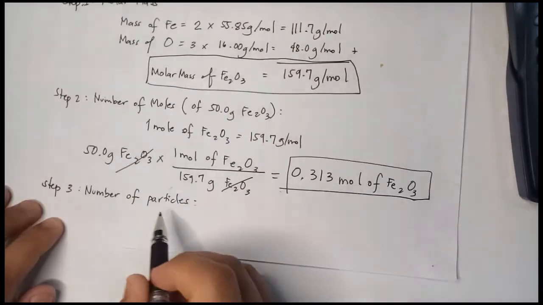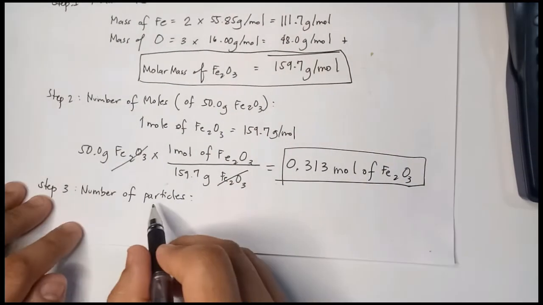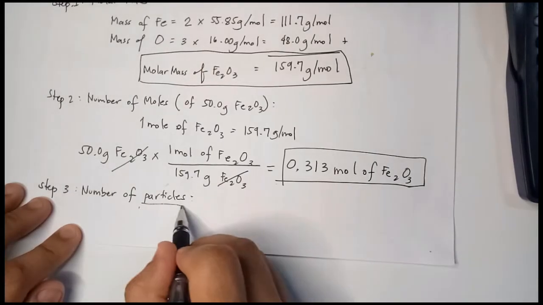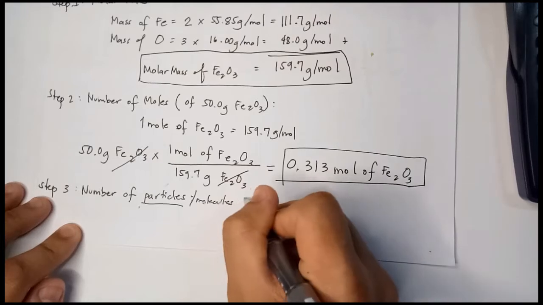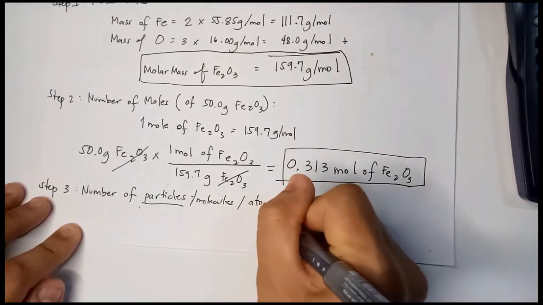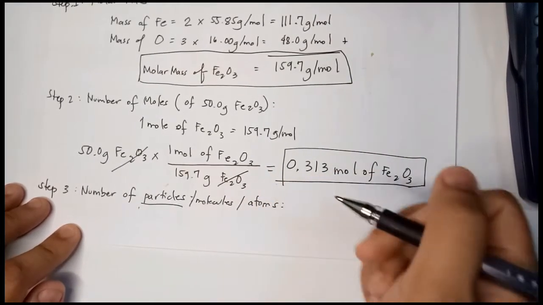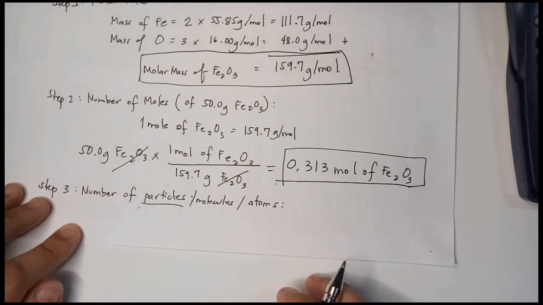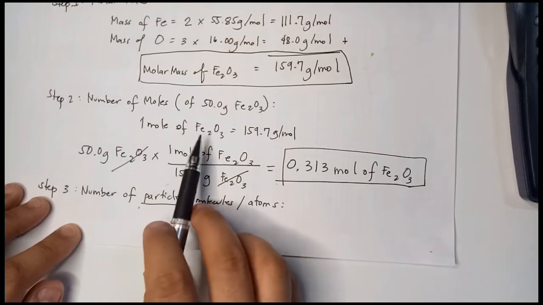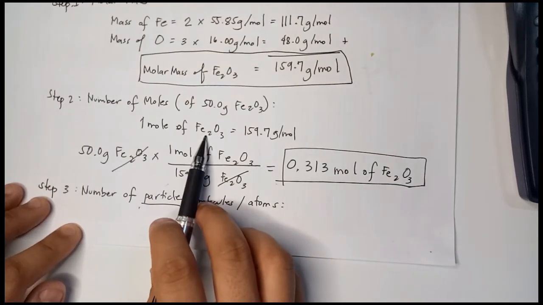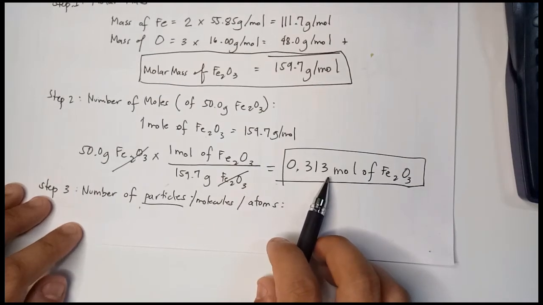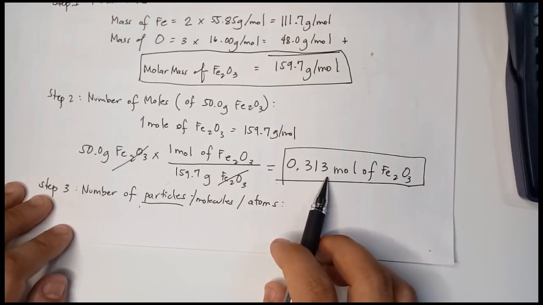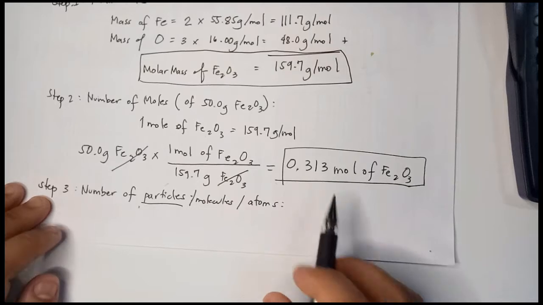Tatandaan natin, pwede kasing hanapin ang number of particles, number of molecules, katulad ng ginawa natin kanina, pwede namang number of atoms. So, iisa din siya. Dito, gagamitin natin yung 1 mole of iron oxide atoms is equivalent ng 6.022 times 10 to the 23rd of iron oxide atoms.